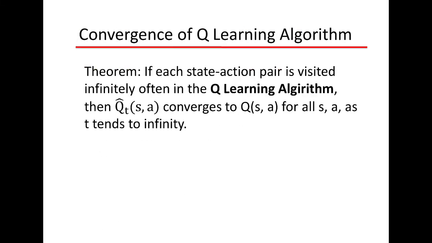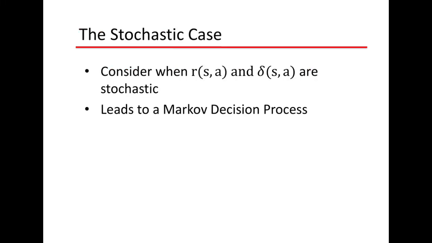And we gave an algorithm for learning this Q function, because once we know what the Q function is, then we can actually optimize, right? At every state we can take the optimal action that maximizes the Q function. And we gave the proof of convergence of the Q function, and this was for the deterministic case.